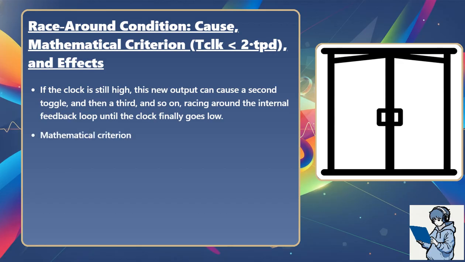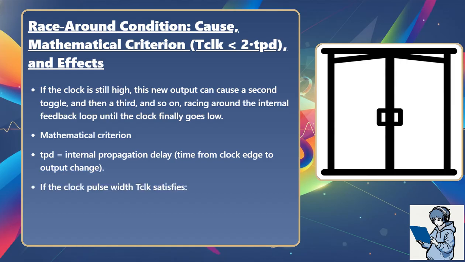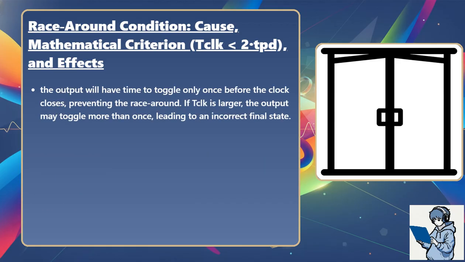Mathematical criterion: T_PD equals the internal propagation delay time from clock edge to output change. If the clock pulse width T_CLK satisfies T_CLK less than 2 times T_PD, the output will have time to toggle only once before the clock closes, preventing the race around.